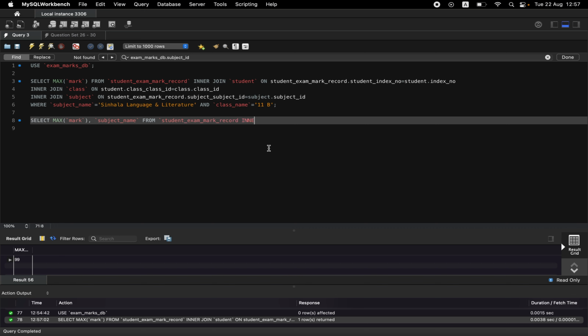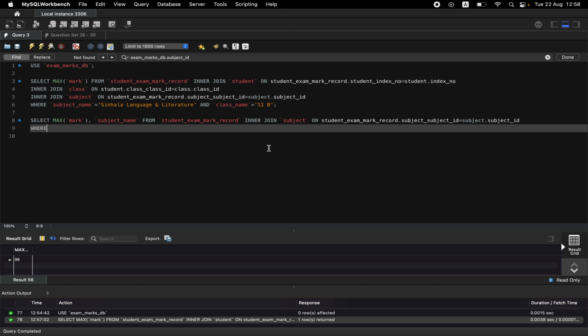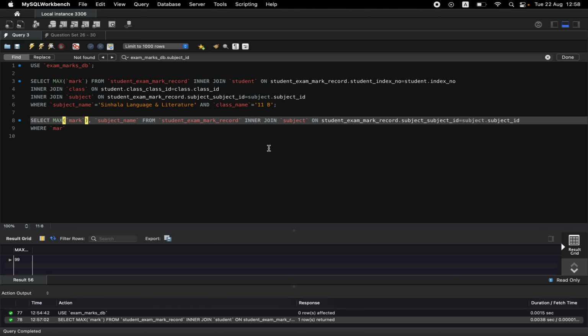We have to inner join subject, check student exam mark record table subject id is equal to subject dot subject id, where in here not max mark, in here mark, to get the mark.